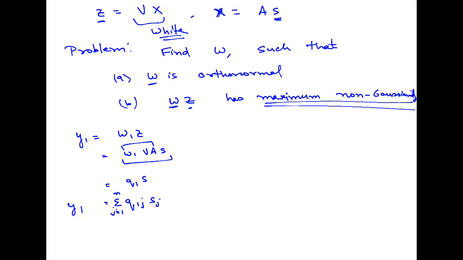Each of those Sj's is non-Gaussian. They may be slightly non-Gaussian, they may be Gaussian with a slight shift, and some of them may be highly non-Gaussian. Doesn't matter.